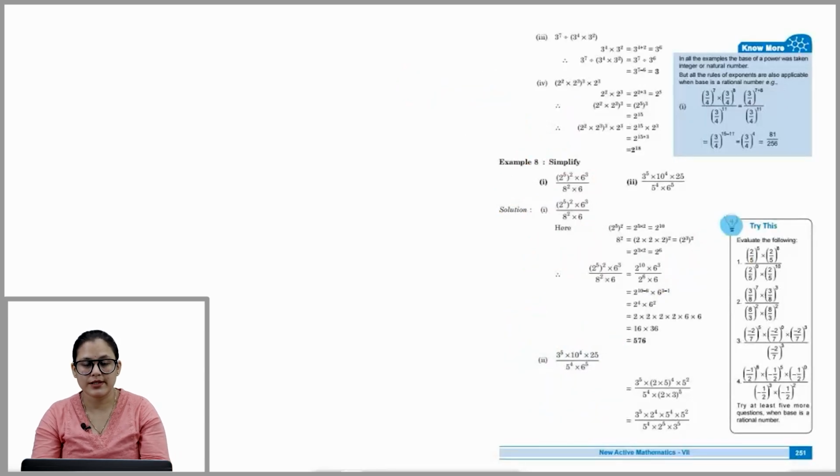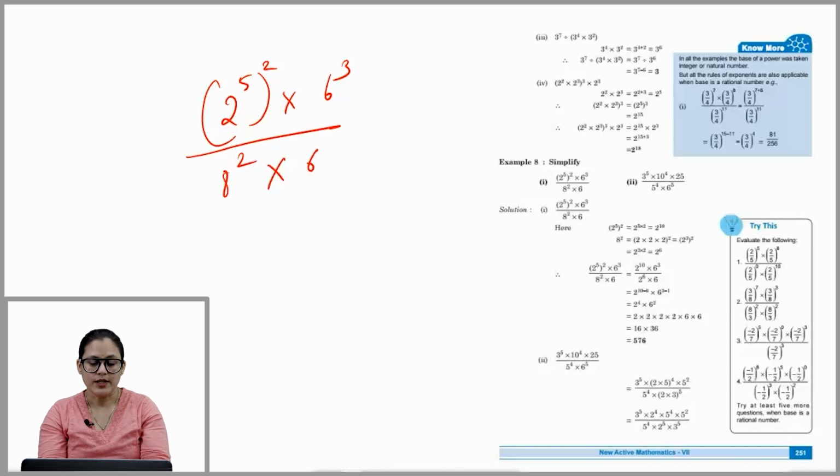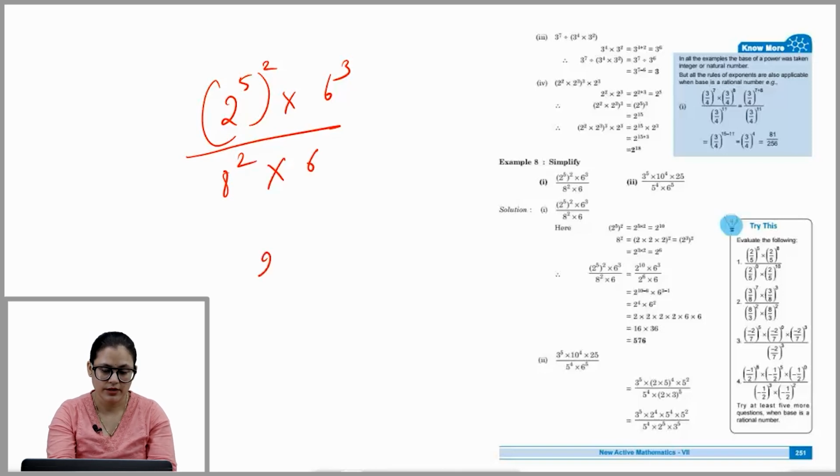Next, you have this example 8. Simplify 2 raised to the power 5 into 6 raised to the power 3 upon 8 raised to the power 2 and 6. Okay. So first we will multiply, 5 into 2 is 10. Okay. And then see 6 raised to the power 3 and 6 will divide.